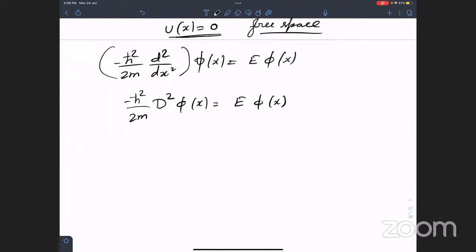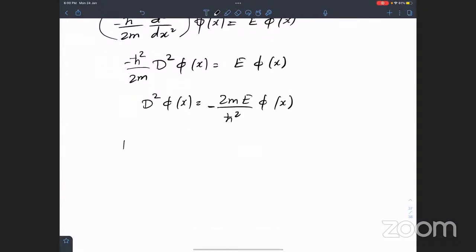I write it this way: D squared phi of x is minus 2mE by h bar squared into phi of x, so D squared plus 2mE by h bar squared times phi of x is 0.